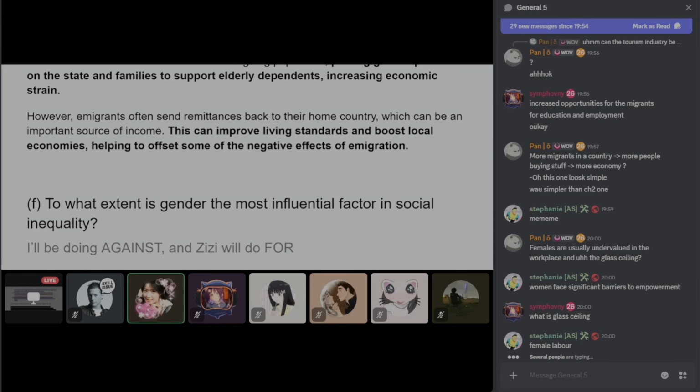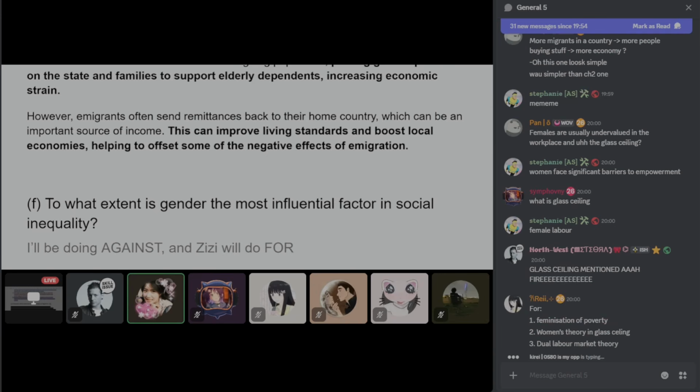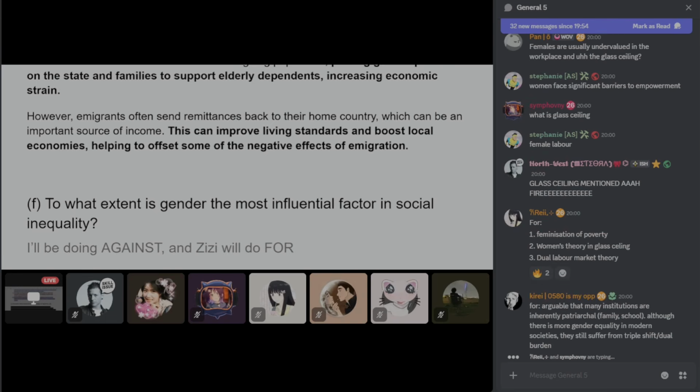Glass ceiling is an invisible barrier that prevents women from reaching top level management jobs regardless of their skills or social class. Or feminization of poverty, women's theory, and glass ceiling. Yes, okay. Really good answers, guys. Many institutions.